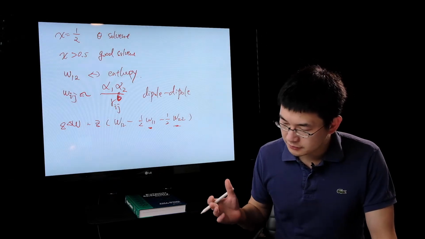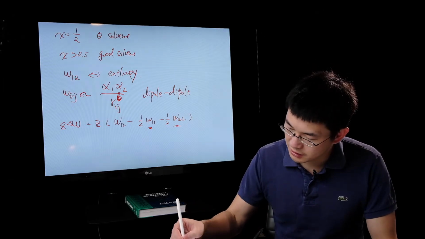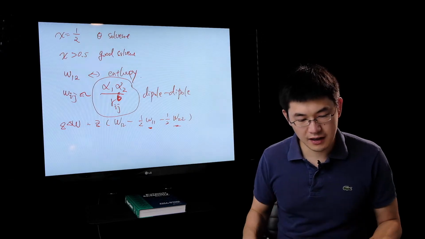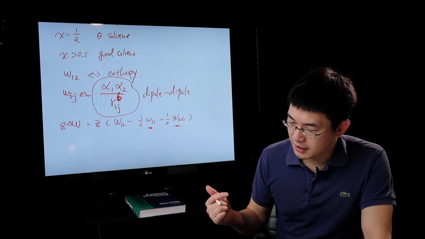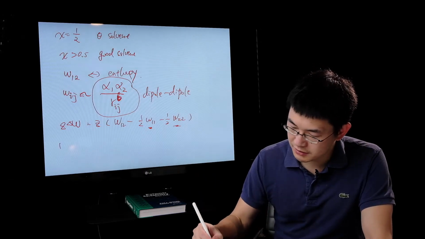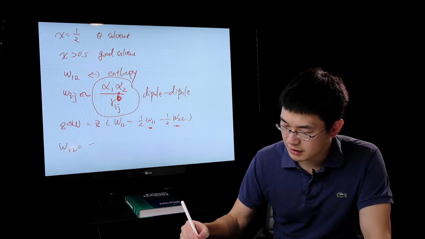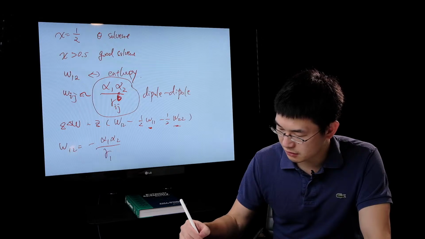So here, what is useful and interesting, because of the definition we gave here, is that we can easily simplify this particular relationship. How can we do that? Through a very simple math trick, where W12, as we know, is equal to alpha 1, alpha 2, over R12.